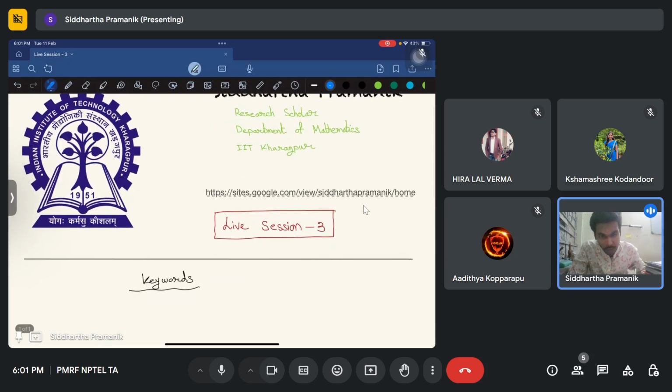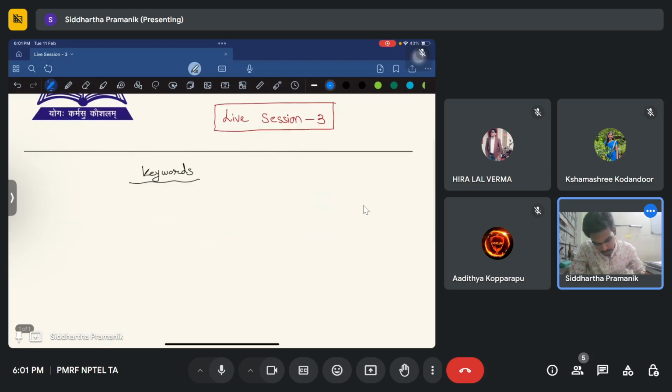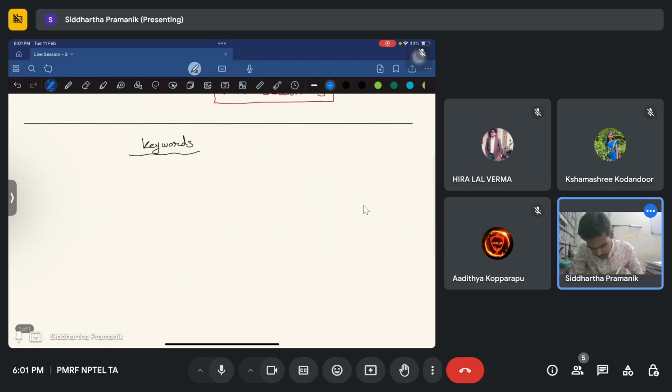Okay, so in week 3, we started with quotient rings, and then we saw some isomorphism theorems.